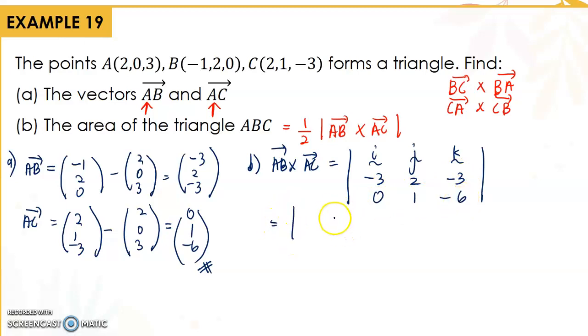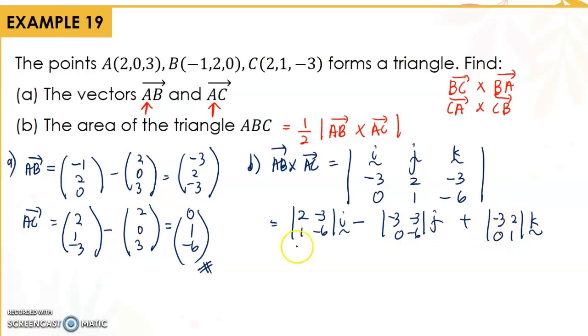So we have i minus j plus k. Delete row 1, column 1: 2, negative 3, 1, negative 6. Column 2: negative 3, negative 3, 0, negative 6. And then delete column 3, row 1, we get negative 3, 2, 0, 1.